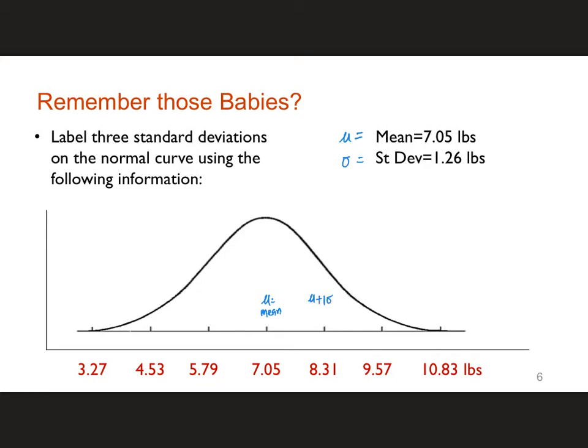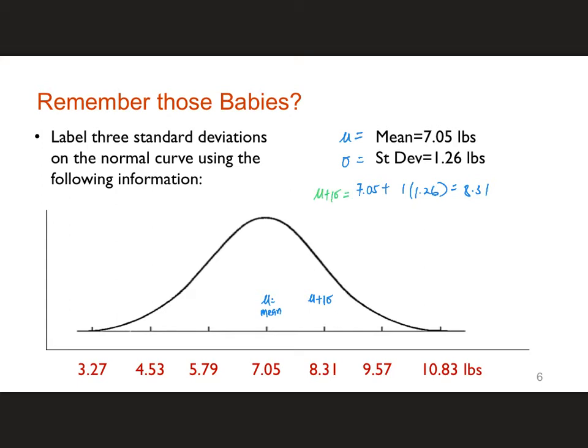So in this case, that gives us mu plus 1 sigma. To find this value here, it's simply the mean, which is 7.05, plus 1 times the standard deviation, which is 1.26, and that gives us 8.31. So that is seen over here, which is mu plus 1 sigma.